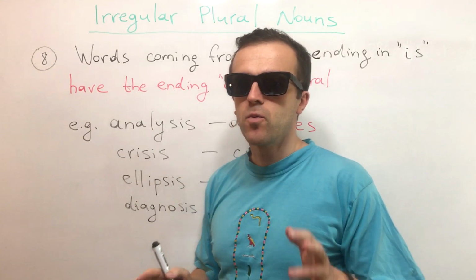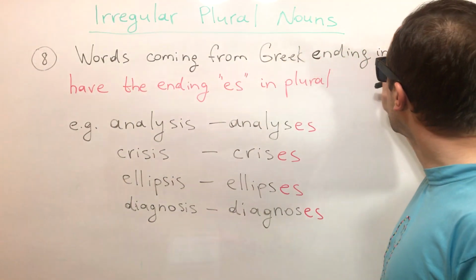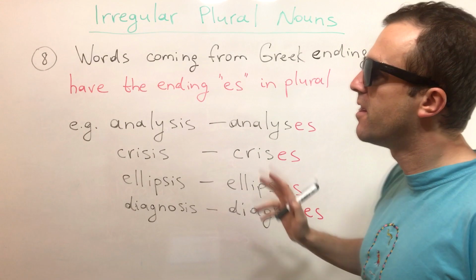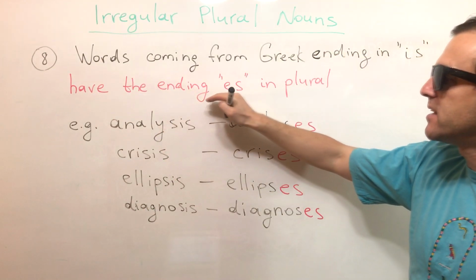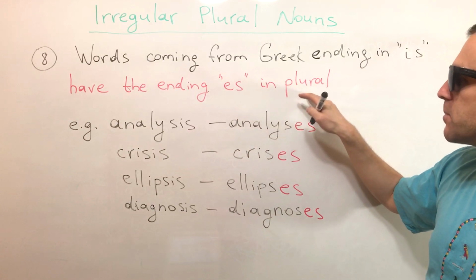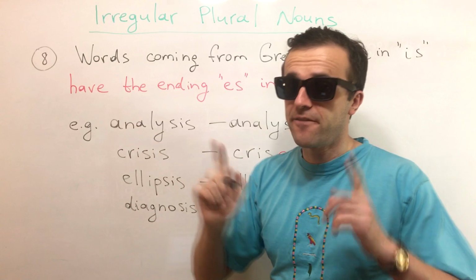So now the words coming from Greek ending in is. This is the eighth rule. And they have the ending es in plural. But the pronunciation would be different.